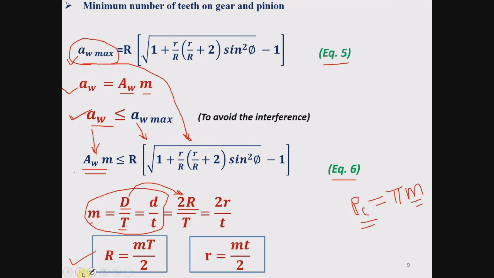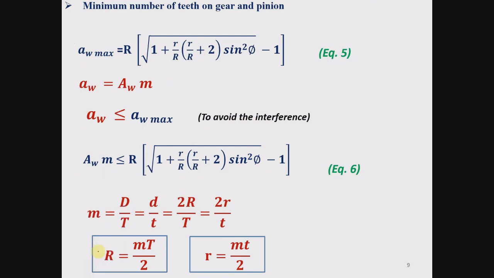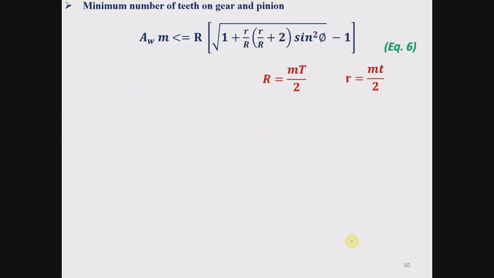So what we get, M equals 2r upon t. So what will be R? R will be equal to MT by 2. So write down this: capital R equals MT by 2, small r equals M small t by 2. So we have these two equations now.